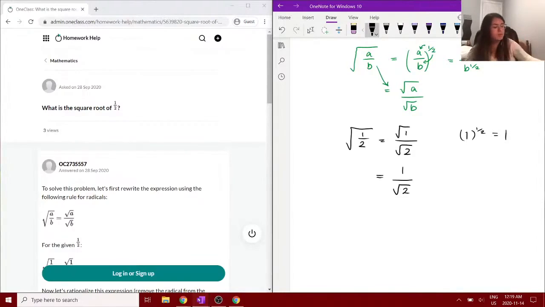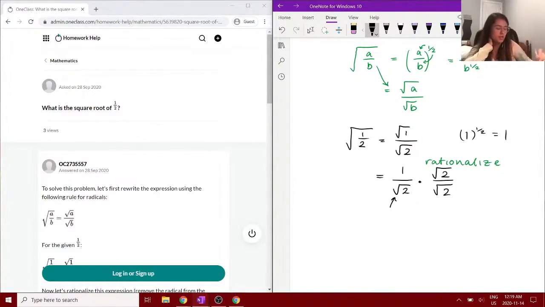And now what we're going to do is something called rationalizing. We rationalize when we have a radical, or a square root, on the number in the denominator.